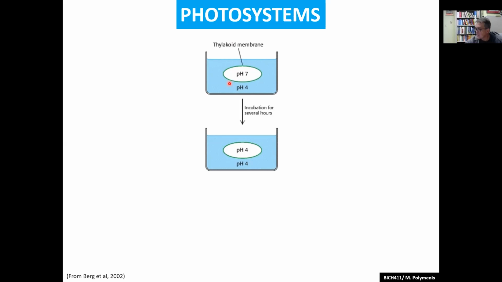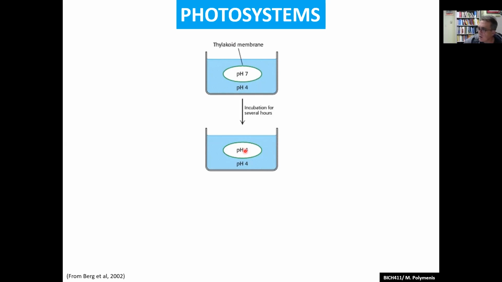The experiment has since been done with pure membranes with just ATP synthase on them, but at the time Jagendorf did it, it was just membranes purified from a chloroplast. So the question is, how do you put protons in? Well, you just put it in a pH 4, so low pH. You wait some time, several hours sometimes, and eventually protons will leak in.